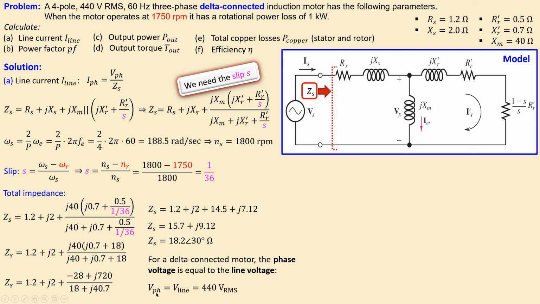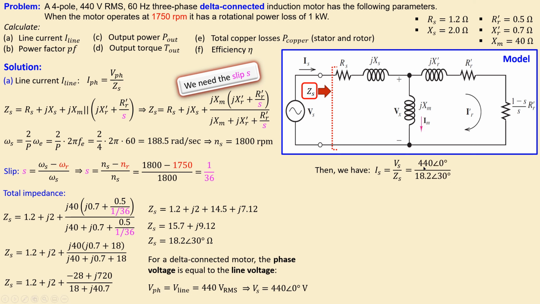So we can say line voltage is equal to phase voltage is equal to 440 volts RMS. We can also say that the voltage source in our per phase model is 440 volts with a phase angle of 0 degrees. Okay, then we have the following, just substituting the values, now using the Vs in our circuit model.